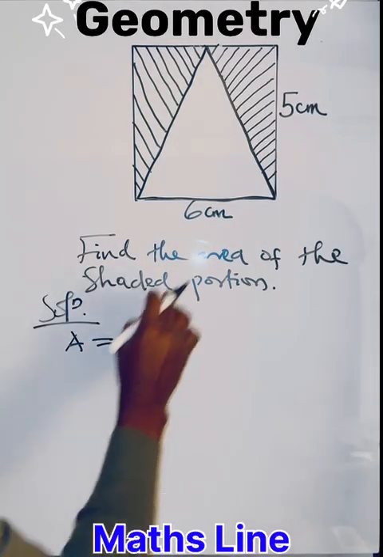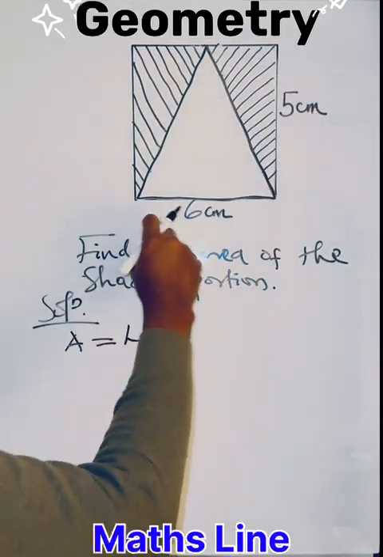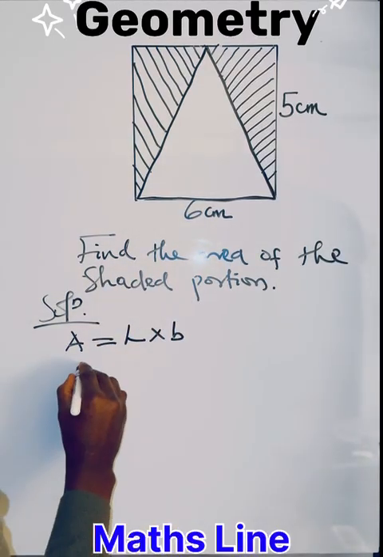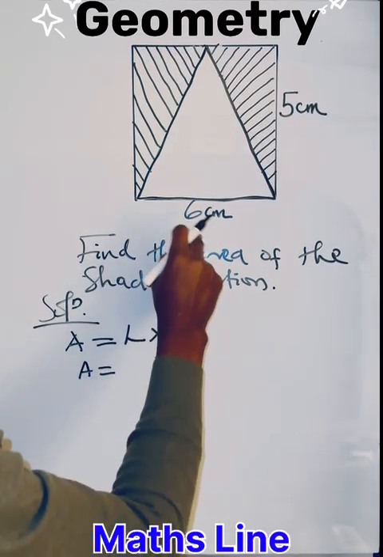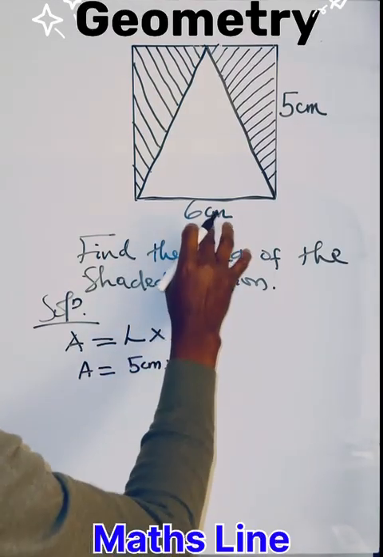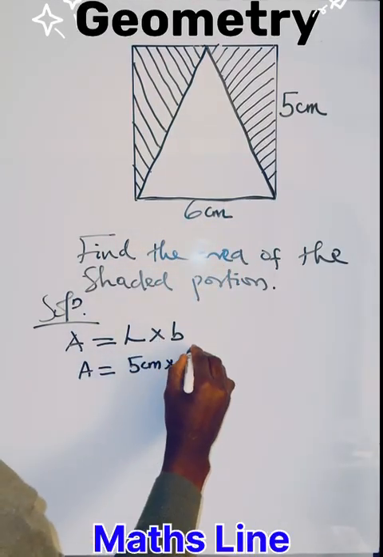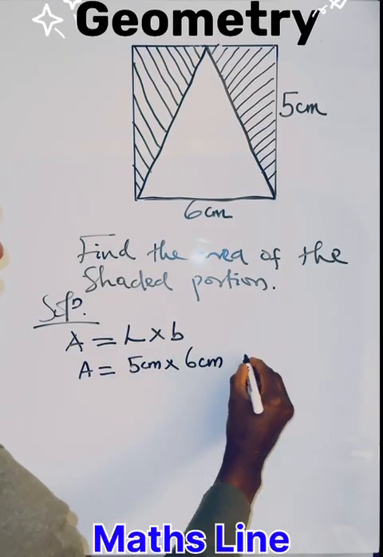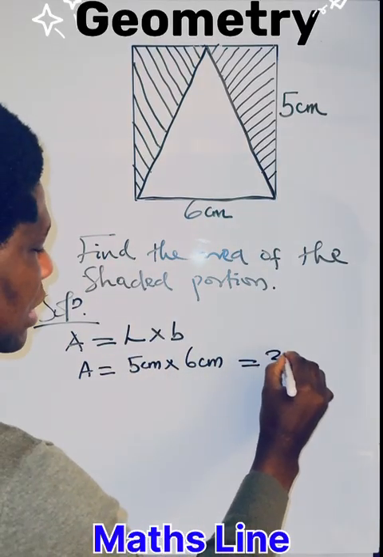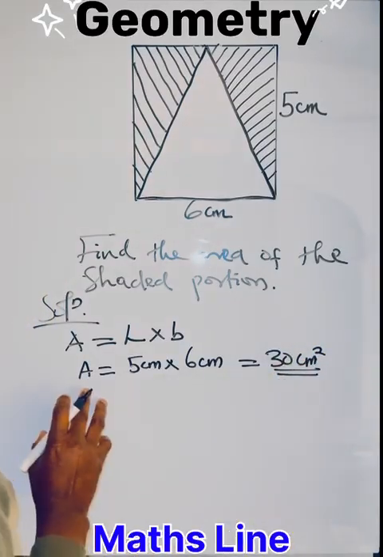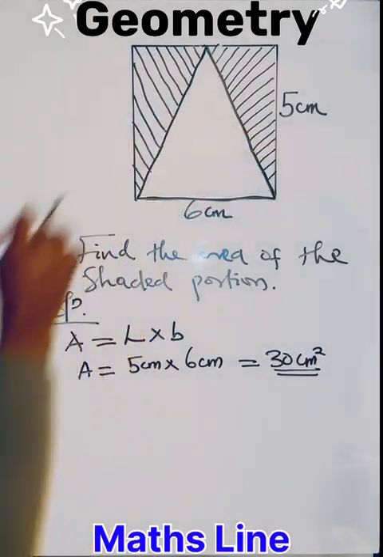So if the length is 5 cm and the breadth is 6 cm, what it then means is that A is equal to the length, which is 5 cm, times B, which is the breadth, 6 cm. And if you multiply 5 by 6, this will give you 30 cm squared. So first we've gotten the area of the rectangle.